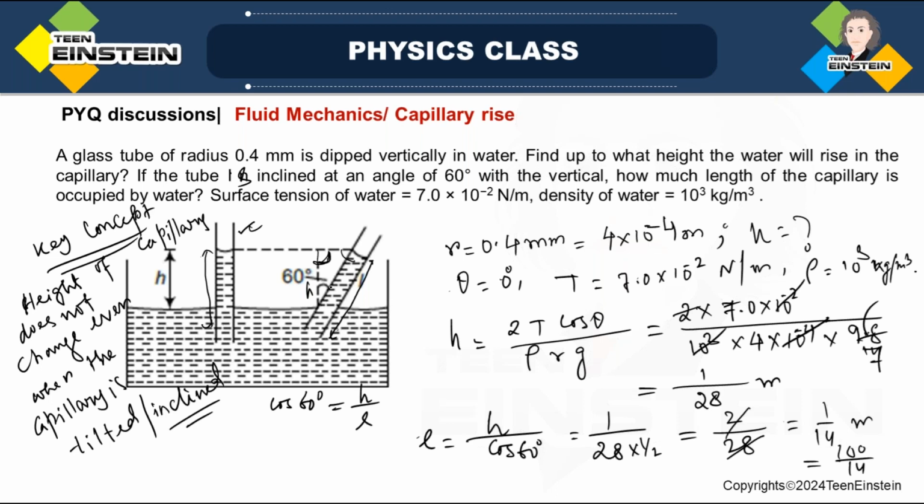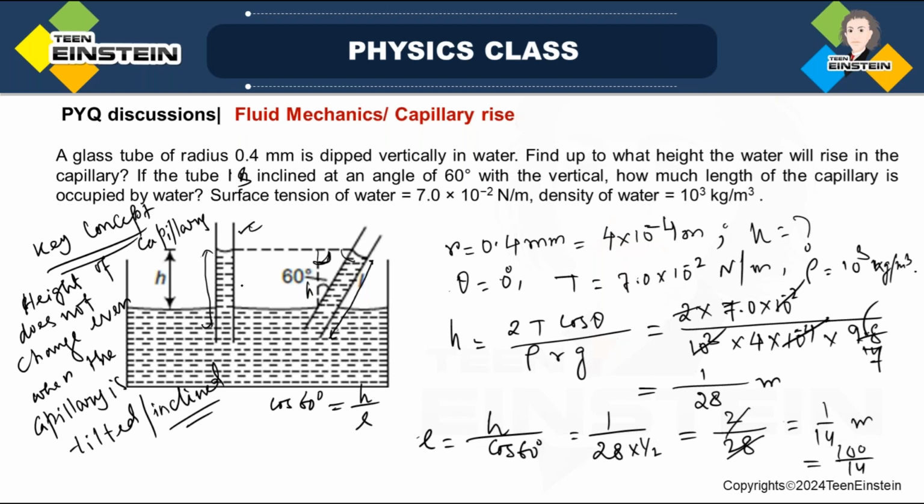But this vertical height is going to be the same, because vertical height depends on surface tension, radius of the tube, angle of contact, and density of water. These are not at all changing, even if you tilt the capillary tube. So this is why H is not going to change.